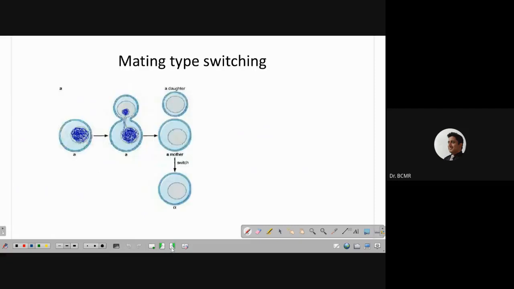So I will give a brief introduction on mating type switching in yeast. This is something very interesting, and I also want you all to think of it. What do you think is better? There is an organism, it just gives rise to 2 cells or 2 organisms. That is asexual reproduction.